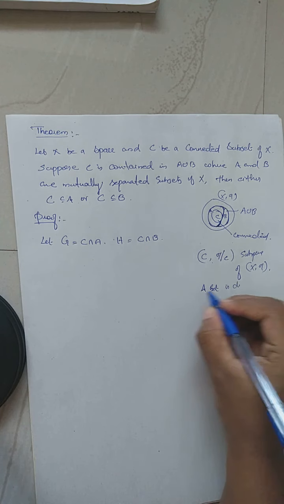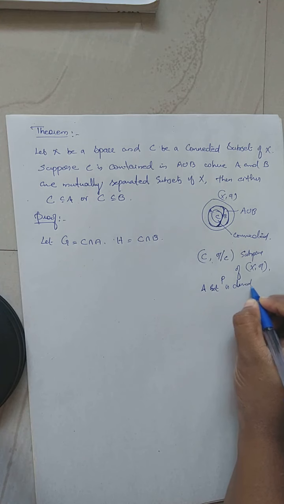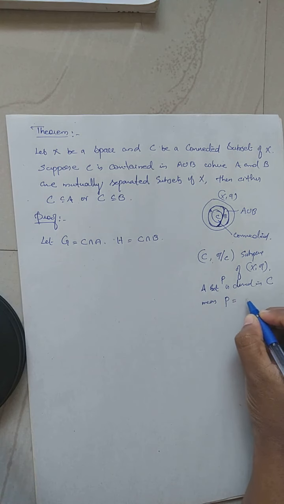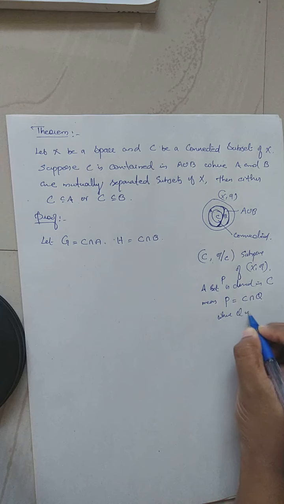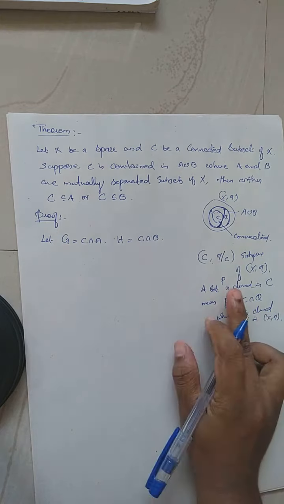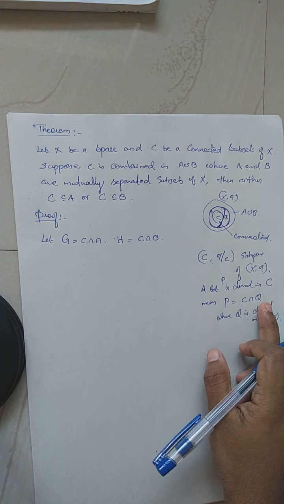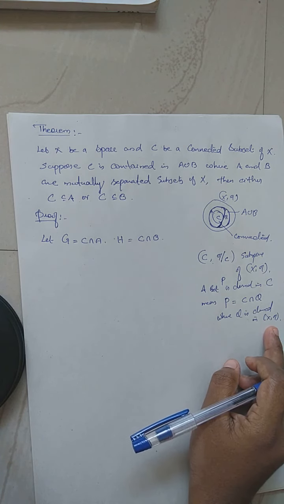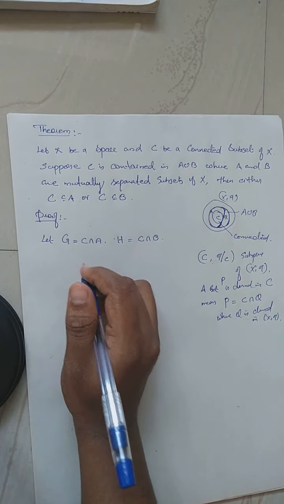Suppose a set P is closed in C; that means P can be written as C intersection Q, where Q is closed in X. So a set is closed in the subspace topology if it can be written as C intersection Q where Q is a closed set in X. So I can say that here G and H are closed sets of C.